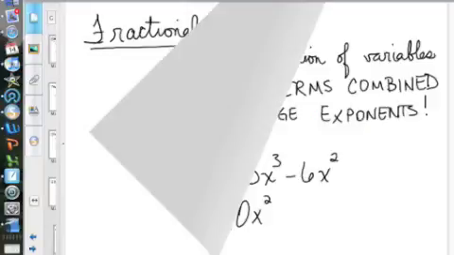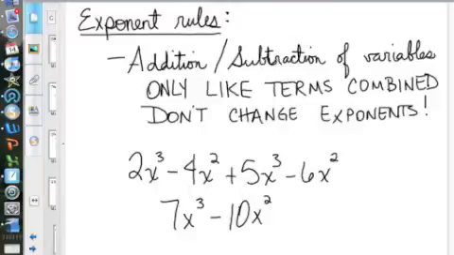Now let's review what we do with the exponents when we're trying to put stuff together. If you are adding and subtracting variables, you only can combine like terms and you do not change the exponents. What makes something alike is the variable and the power it's raised to. And then we need to remember that's just an ID tag telling us that these are groups that are involved.